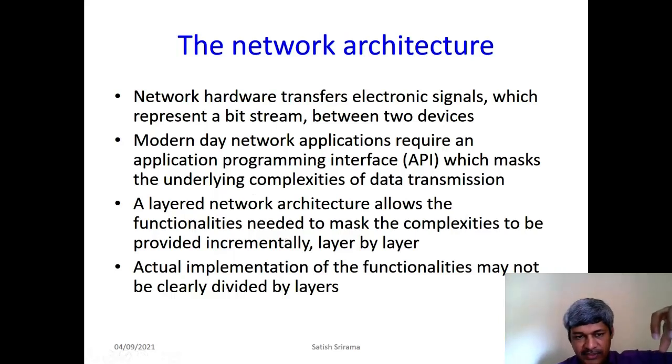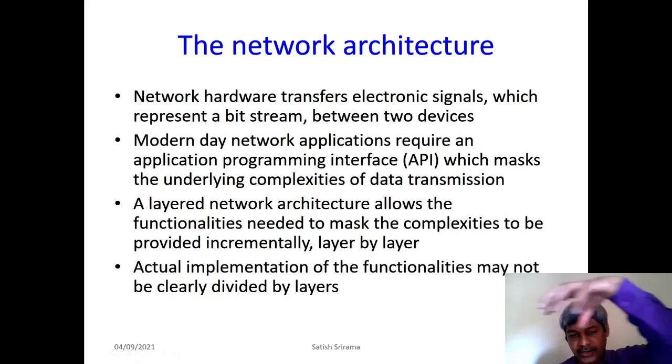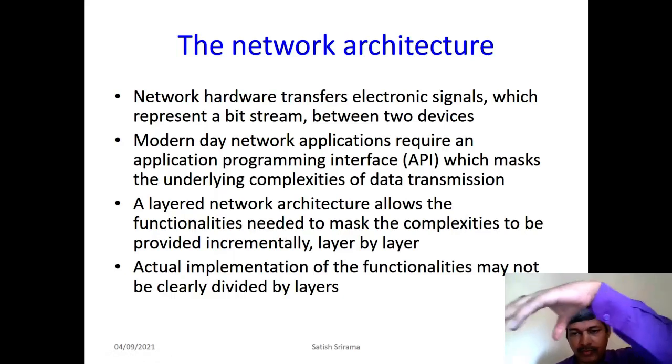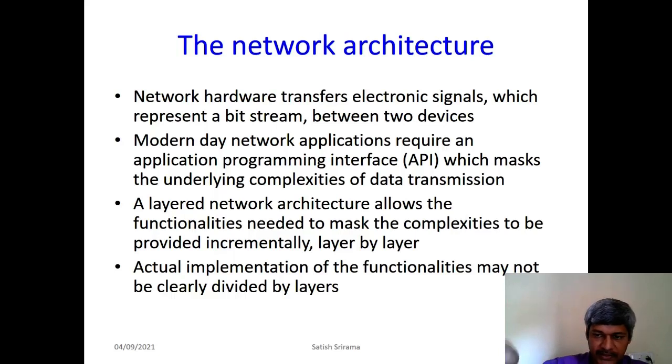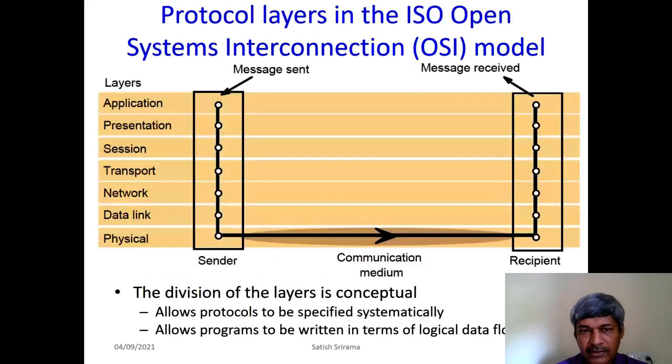As I said, when you are sending data from node A to node B, this data goes across these network layers, packets are prepared, and additional information is added to the packets before they are sent. Of course, when you are thinking in terms of layers, the actual implementations of the functionalities may not be clearly divided by the layers, so you have to remember that.